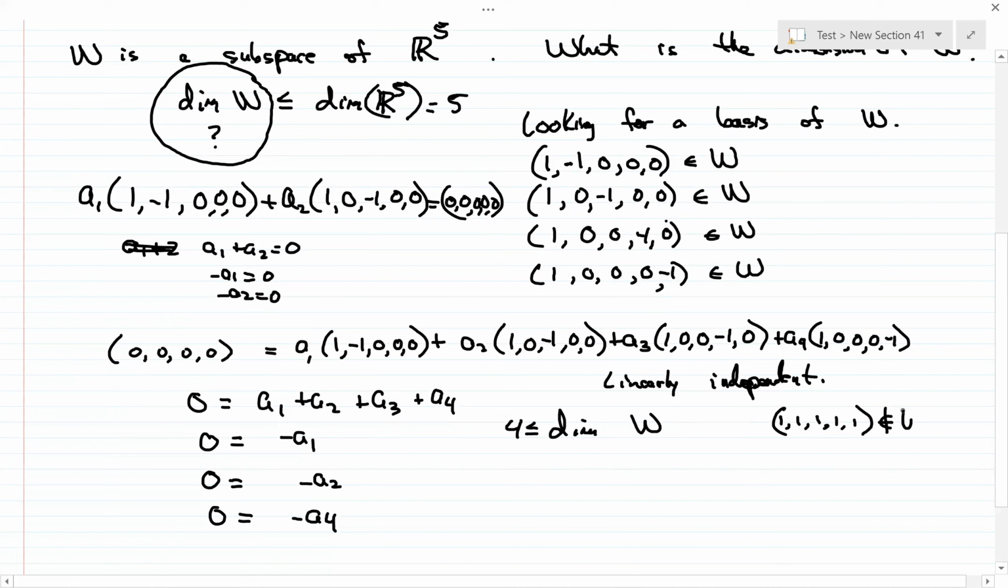It is not in W, because by definition, if you add them all up, you don't get 0. So W doesn't have all of R5 in it, but it has at least 4 vectors. So I'm saying the dimension of W is 4.